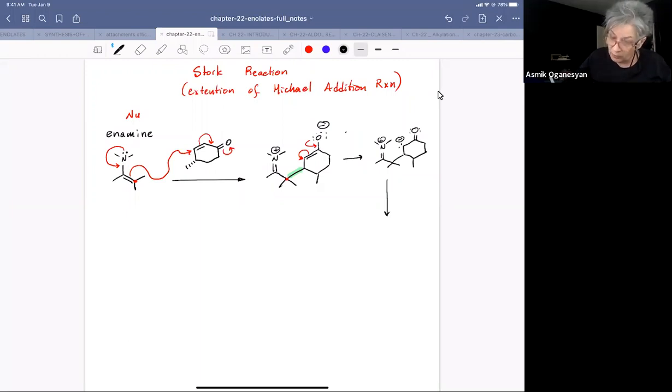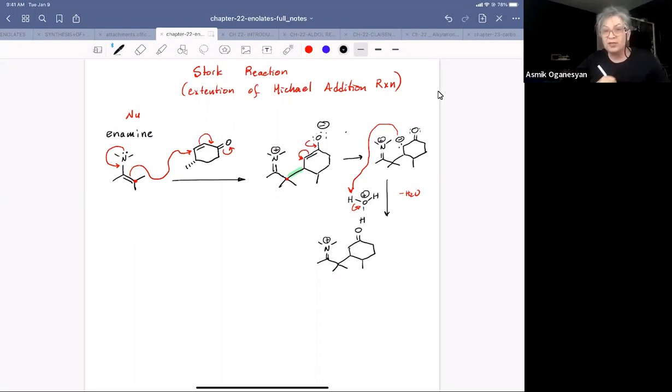Okay. So we are going to abstract a proton from the source of acid, and form this product. It is still intermediate.